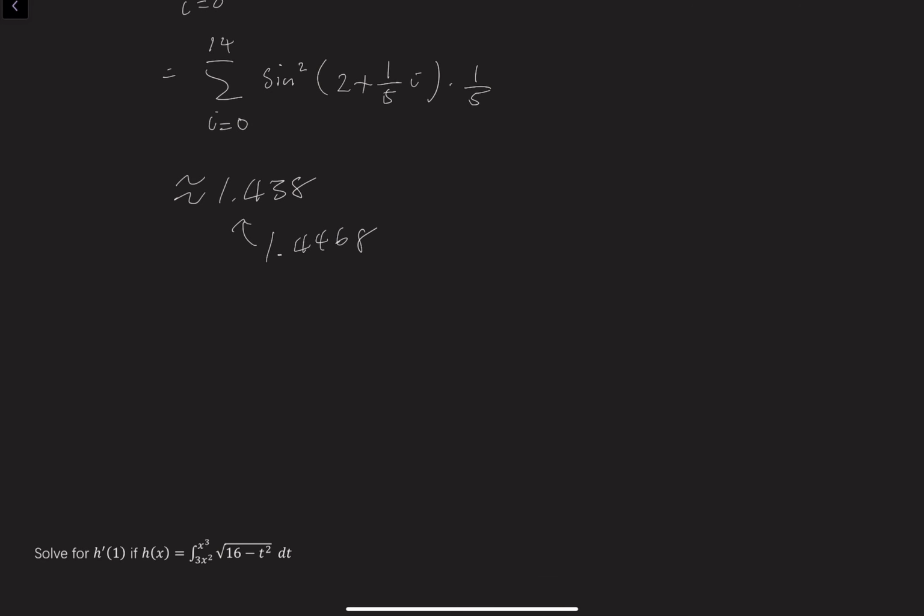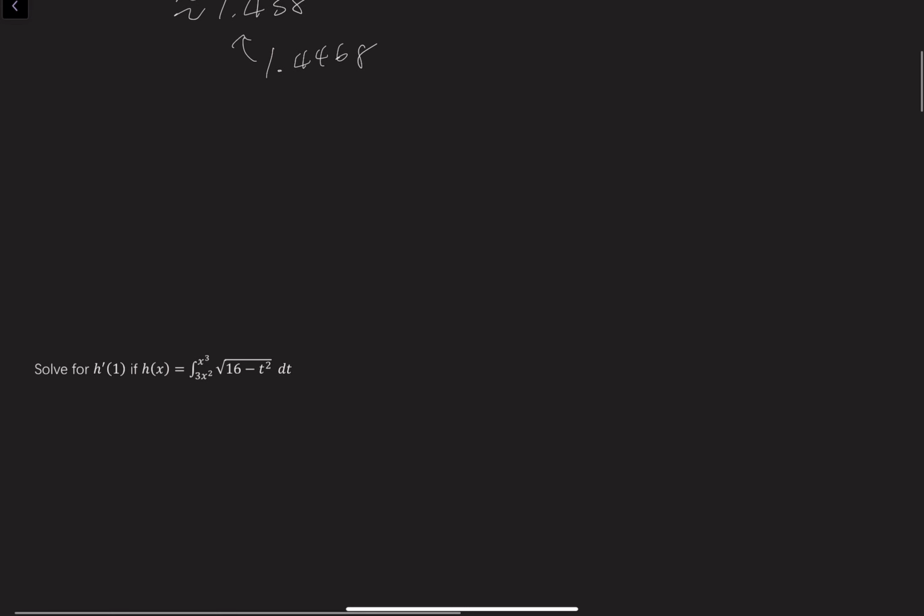And now let's talk about the second problem, which is on the first fundamental theorem of calculus. So solve for h prime of 1 if h of x equals the definite integral from 3x squared to x cubed of square root of 16 minus t squared dt. So what we're going to do is rewrite it.